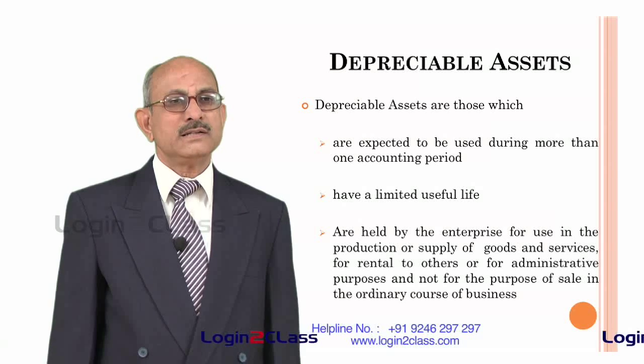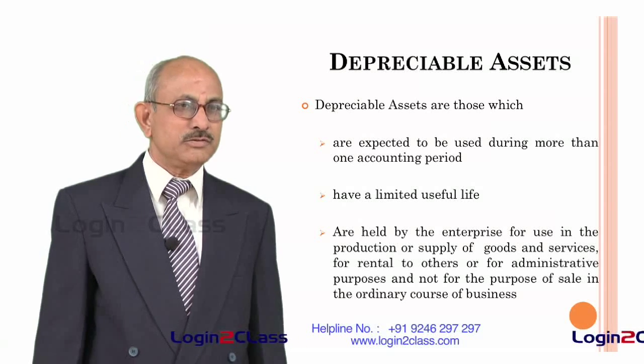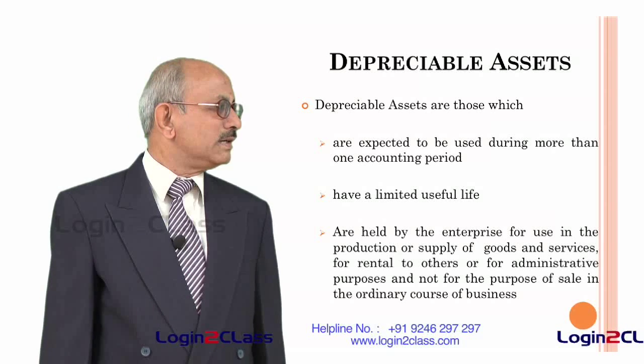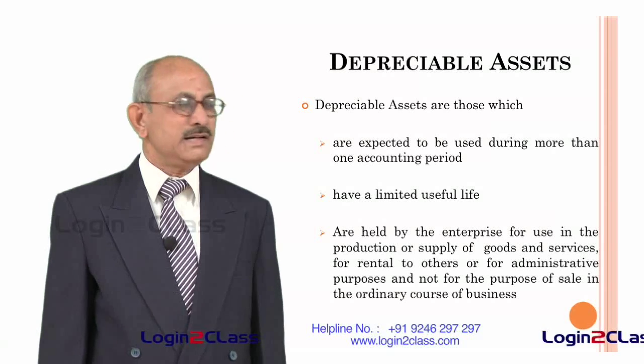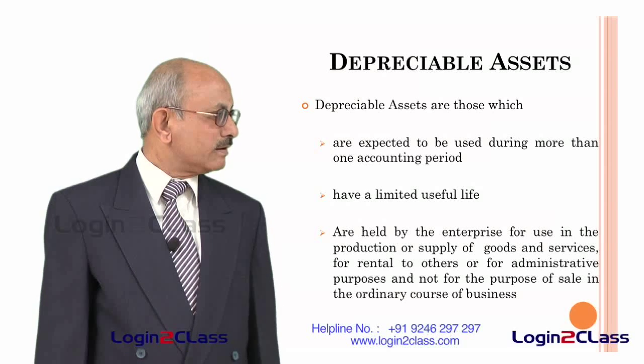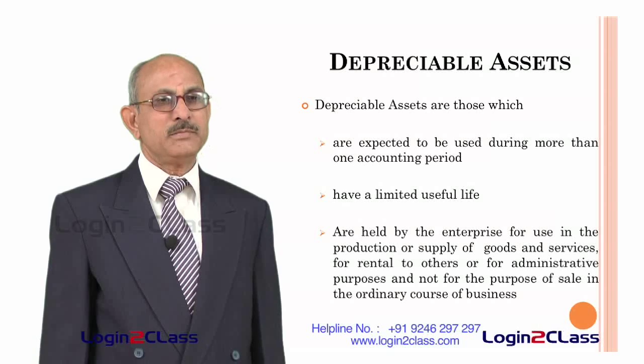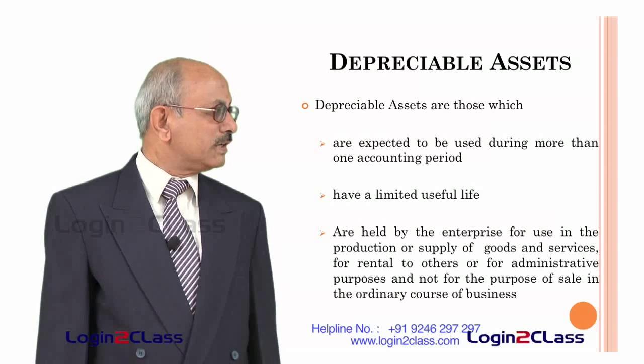But whereas the same car, if it is held by an entity engaged in some other service, then car becomes an asset held for either production or supply of goods and services or for rental to others. That means it can be even rented to others or for administrative purposes.